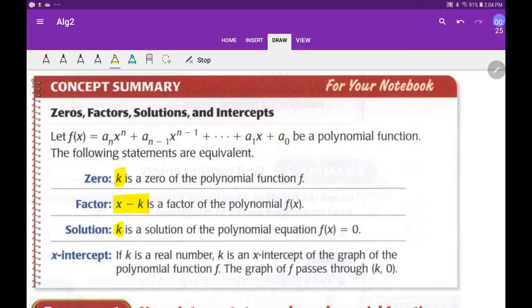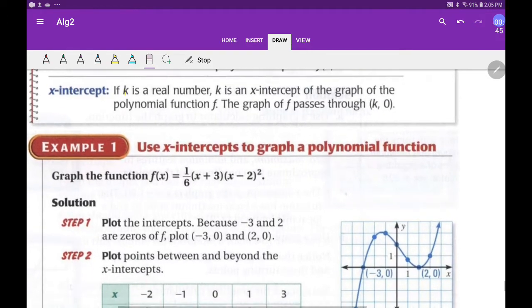There's a little distinction there that maybe needs to be made, but if k is a real number, k is where it hits the x-axis. Okay? So, just a little review of things we knew already.